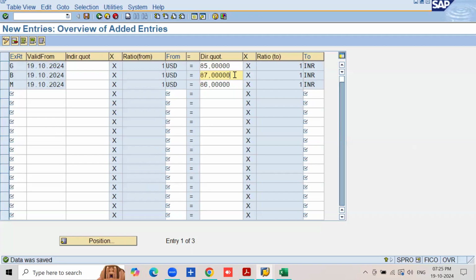So, till we define the new ratios and new rates, these are applicable.